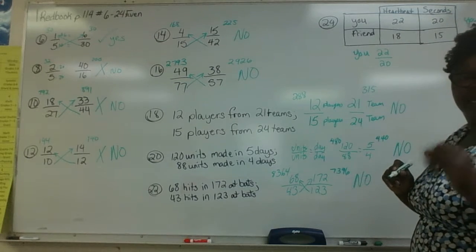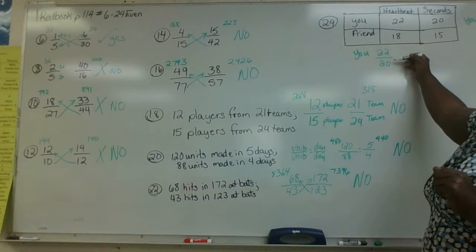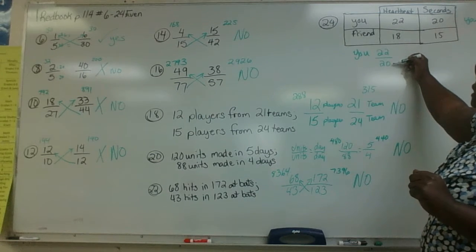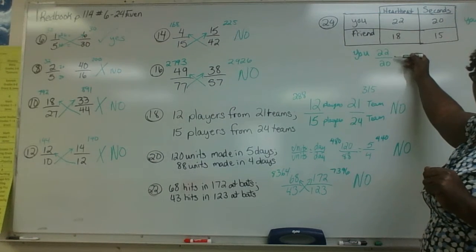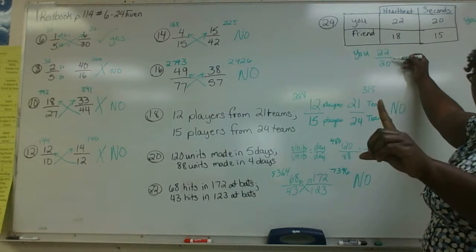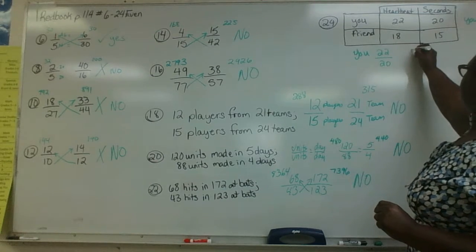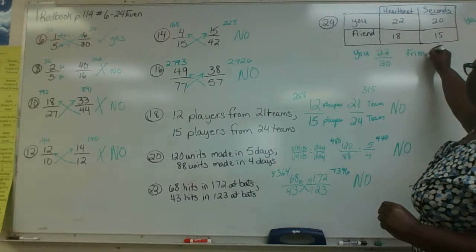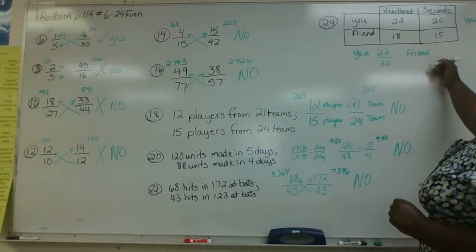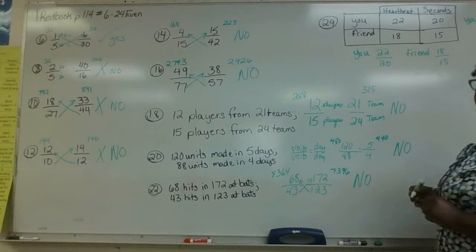You want to get the rate, okay? Remember, our definition of rate is comparing two things that are not the same. So we want to break it down to one to get the unit rate, okay? And then this is the friend, and the friend is 18 to 15, okay?